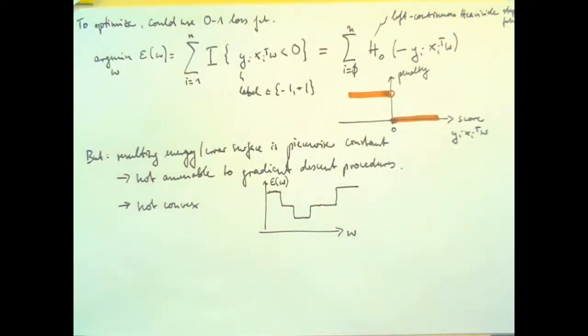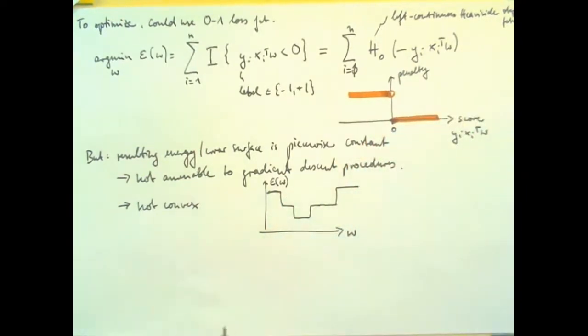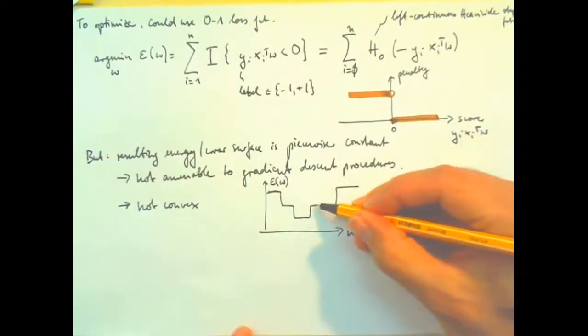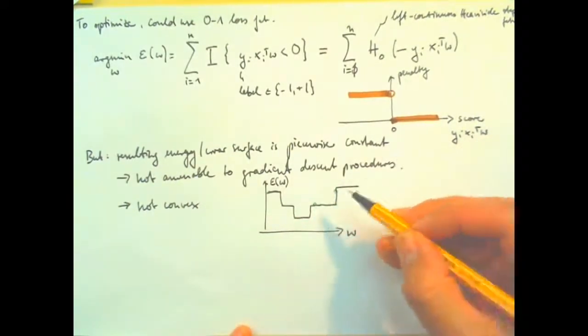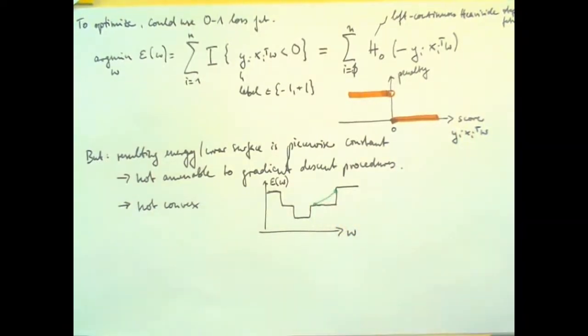Convexity is the following property. If I take any point on this function and any other point on the function, and draw the secant, then for convexity to hold, the secant must not cut the function in question.